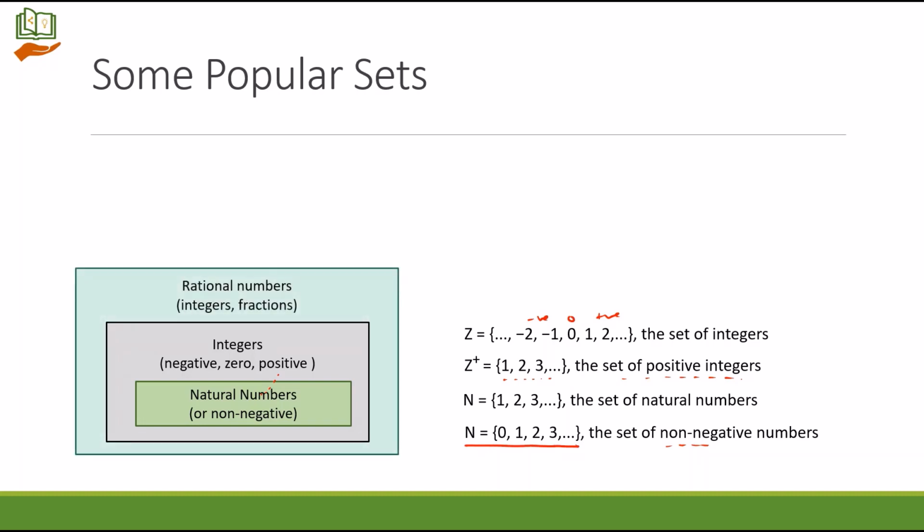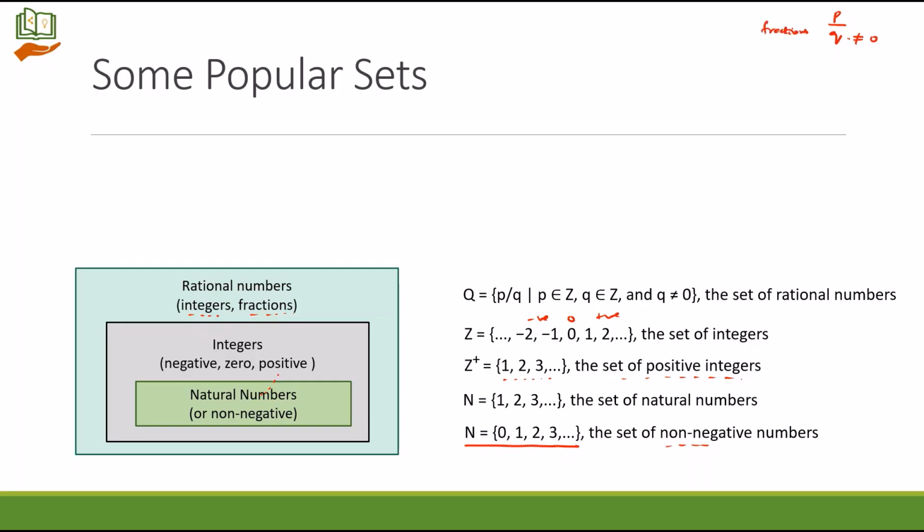What about the next set? We have rational numbers. Rational numbers include integers and fractions also. So when you go above one level, the previous level becomes a subset of the level above. It is denoted by Q. Q is equal to p divided by q, where q is not equal to 0, which tells that there are possibilities of fractional values.